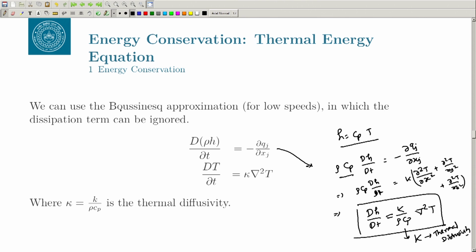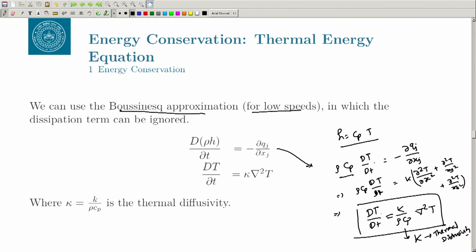And in the Boussinesq limit, for low speeds where the dissipation can be ignored, we get a very simple form, rho C p dT by dt. So, you can write the equation for temperature here in the Boussinesq limit.